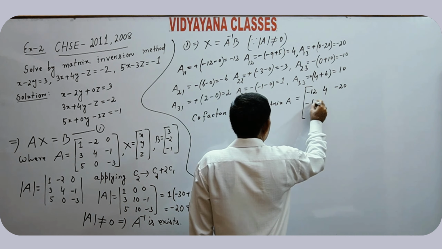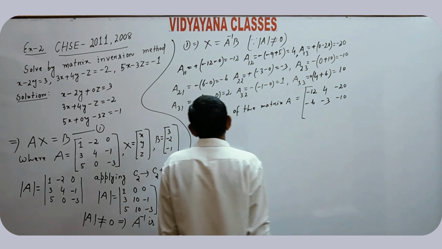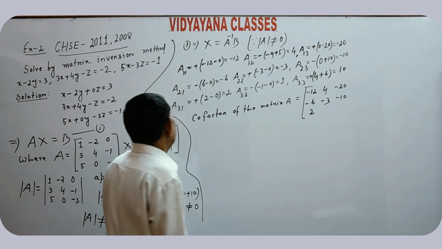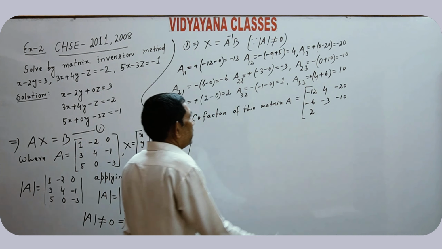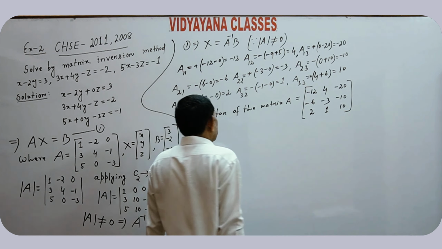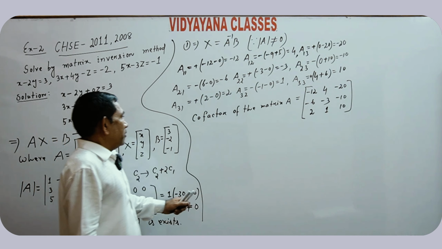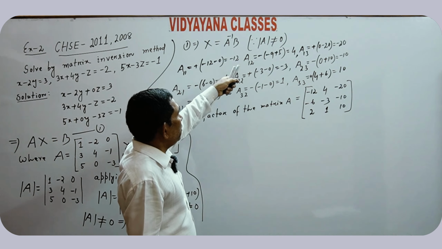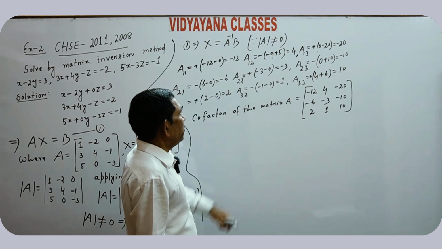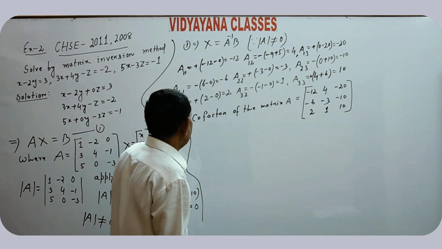Minus 6, minus 3, minus 10. 2, 1, 10. Cofactor of the matrix capital A: minus 12, 4, minus 20; minus 6, minus 3, minus 10; 2, 1, 10.